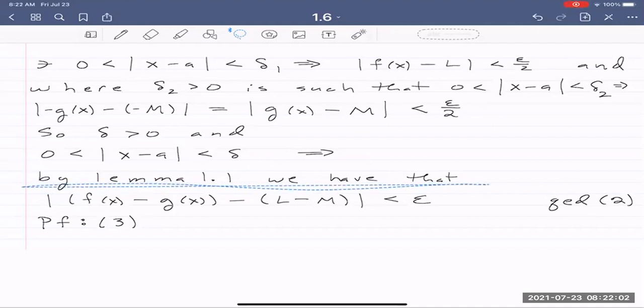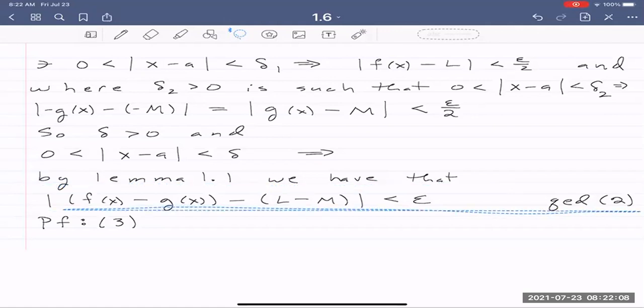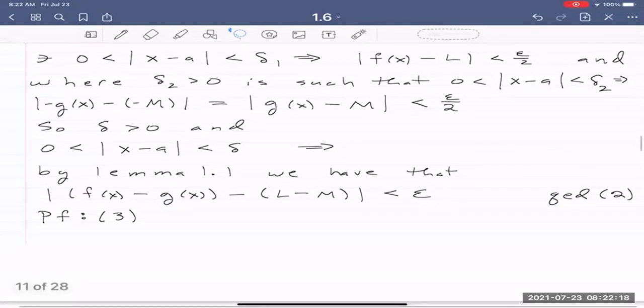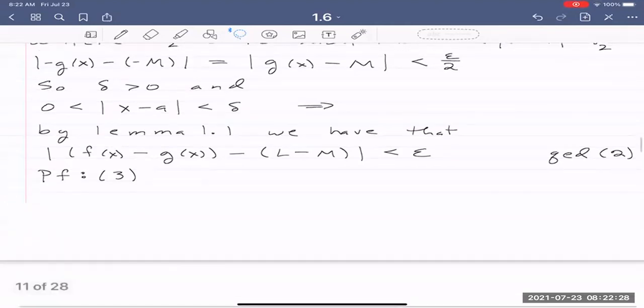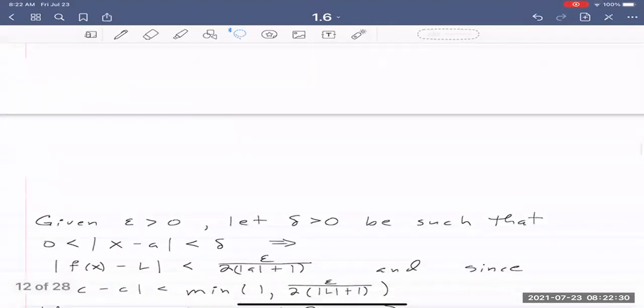So this implies by lemma 1.1 that f of x minus g of x minus the quantity L minus m in absolute value is less than epsilon. And that's what we wanted to prove. So you just keep plugging into the lemma, and these give you the inequalities that we wanted. Proof 3.